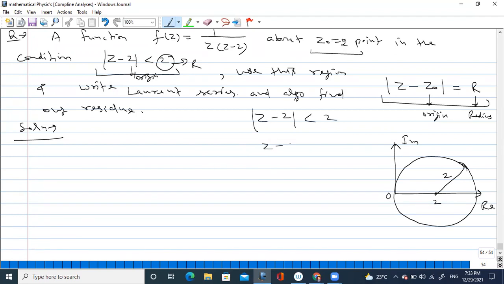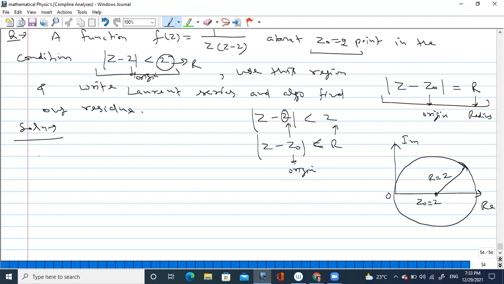You have to compare it with z minus z0 equal to r or less than r. There is no issue. This is the radius, and this is the point z0, and the center is at 2. With a radius of 2 you make a circle about that. That's it. So this is your circle. Here z0 is 2, r is also 2.